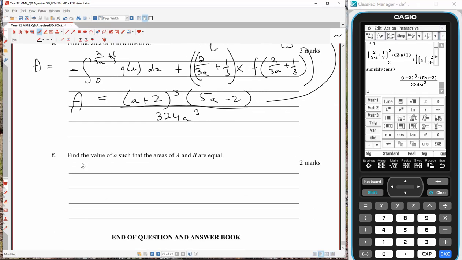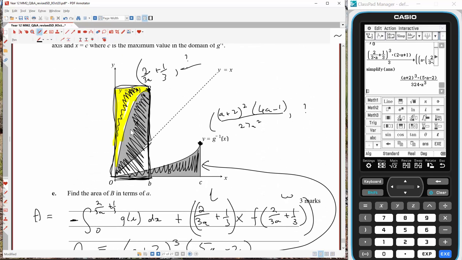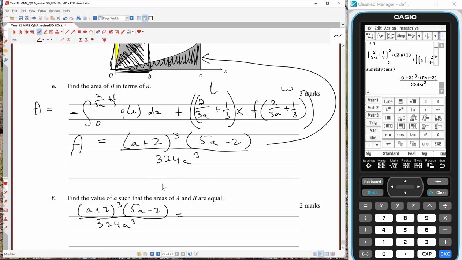So I'm going to say that (a plus 2) cubed, (5a minus 2), all over 324a cubed is equal to the area of this, which is integral between 2 over 3a plus 1/3 and 0 of f of x, take away x dx.